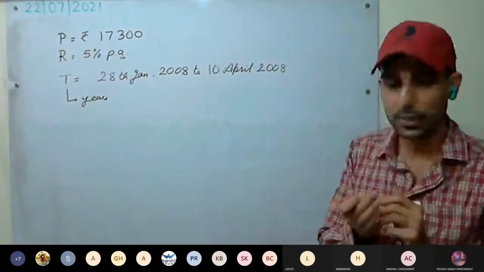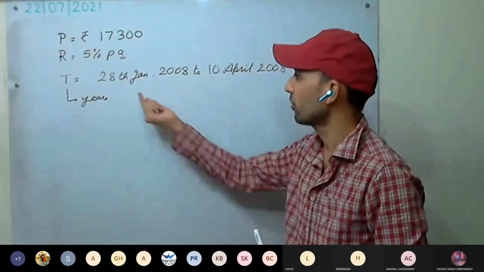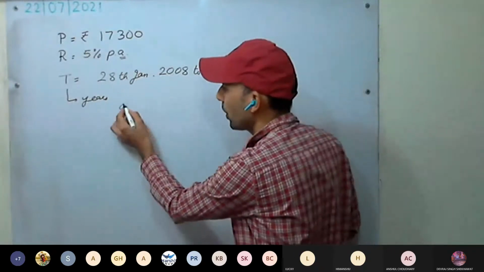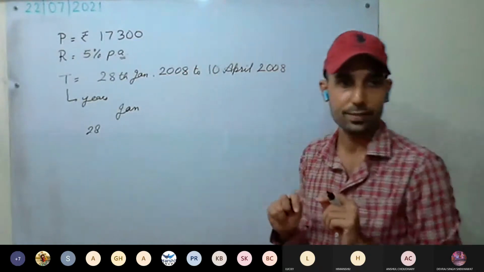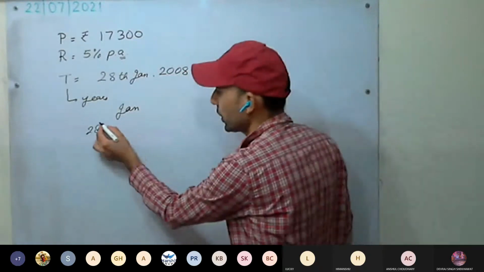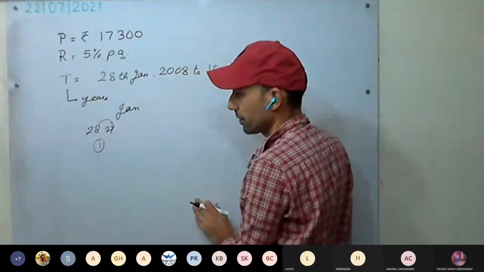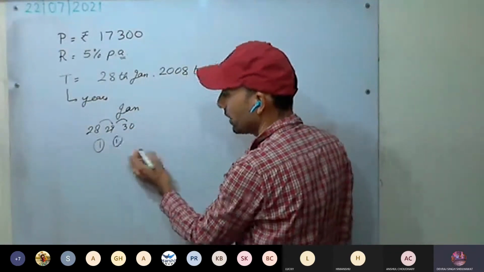See here, there is something we have to always follow. I'll tell you one by one. Which date in January are we starting from? 28. It was lent on 28. Then on 29, how many days will be completed? 1 day. Then on 30th, another 1 day.